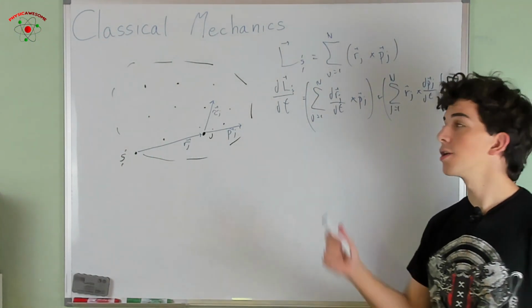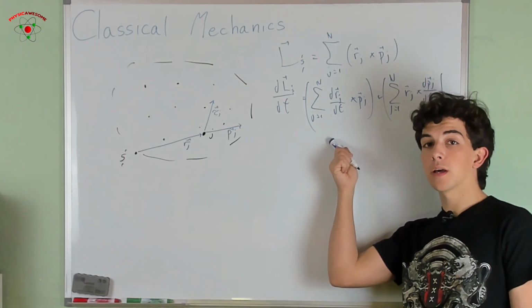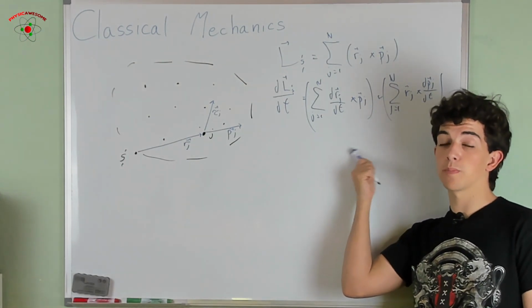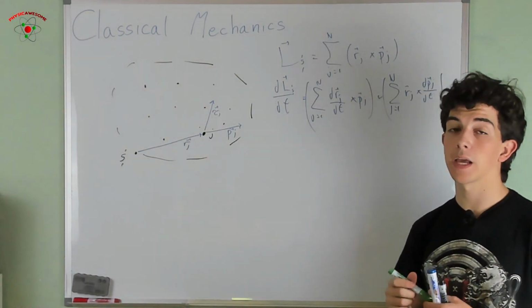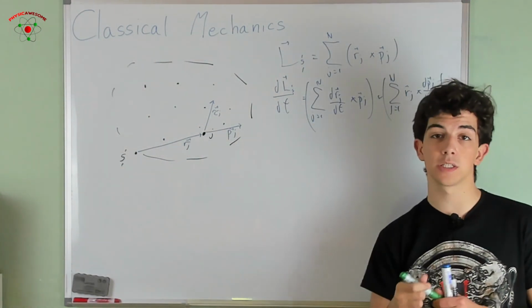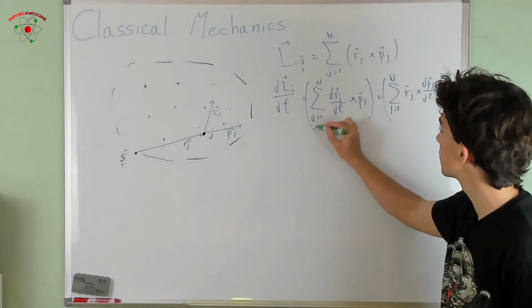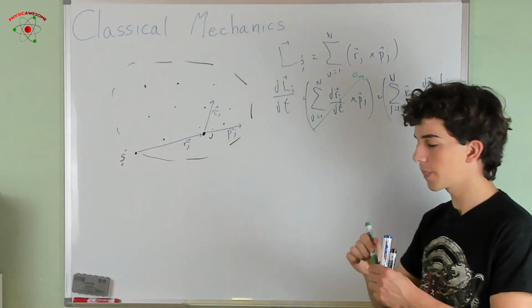Similarly as earlier, we find this is v, and the velocity is always parallel to the momentum as it's just a multiple of it. Therefore, we find that every single term in this sum is equal to 0, which gives us 0.